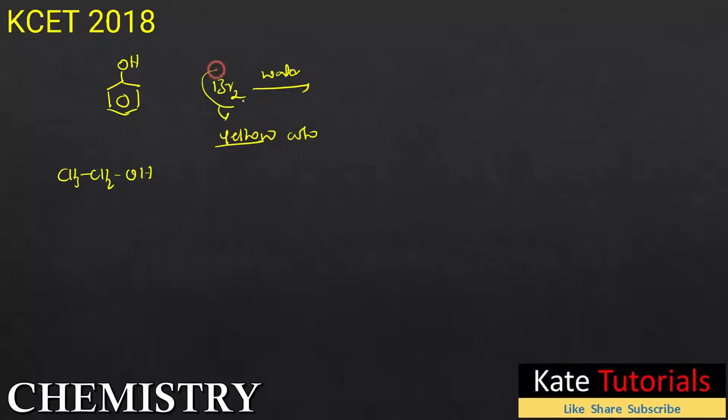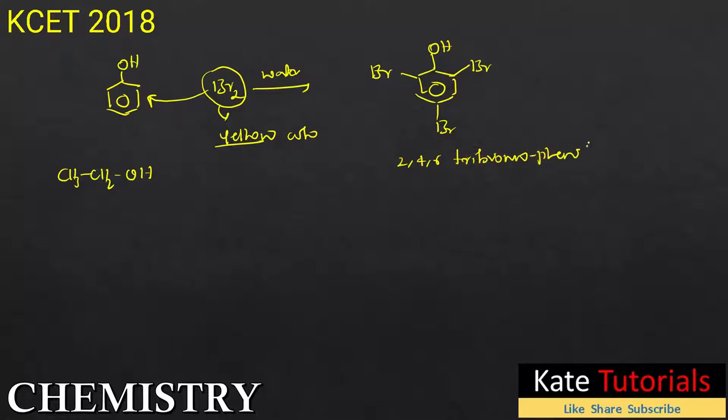As soon as we put this bromine water in phenol, it starts reacting and we'll get this product: phenol with bromine at the ortho position, para position, and the other ortho position. So we'll get 2,4,6-tribromophenol. Whereas the same bromine water, if I put it in ethanol, the solution remains yellow only.